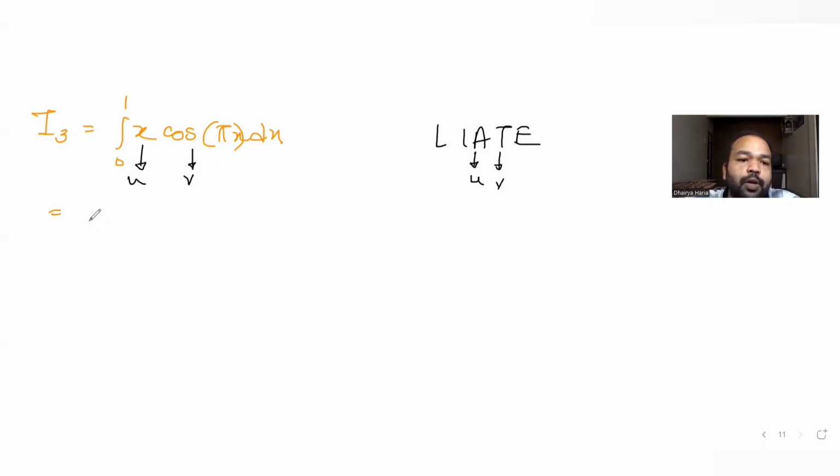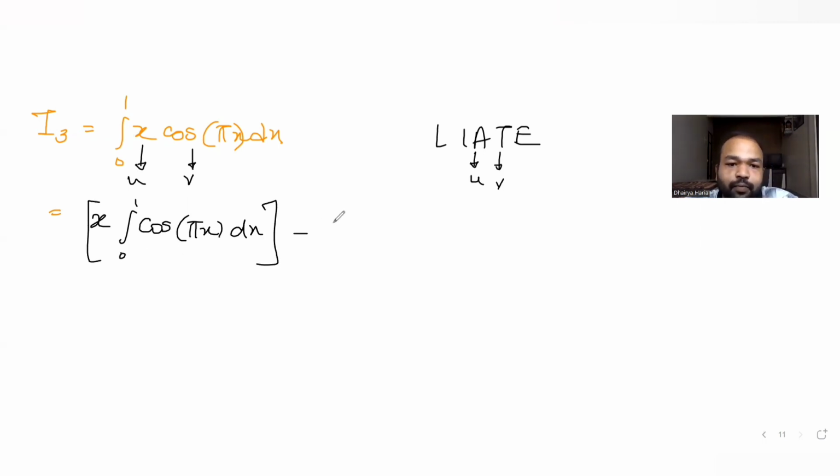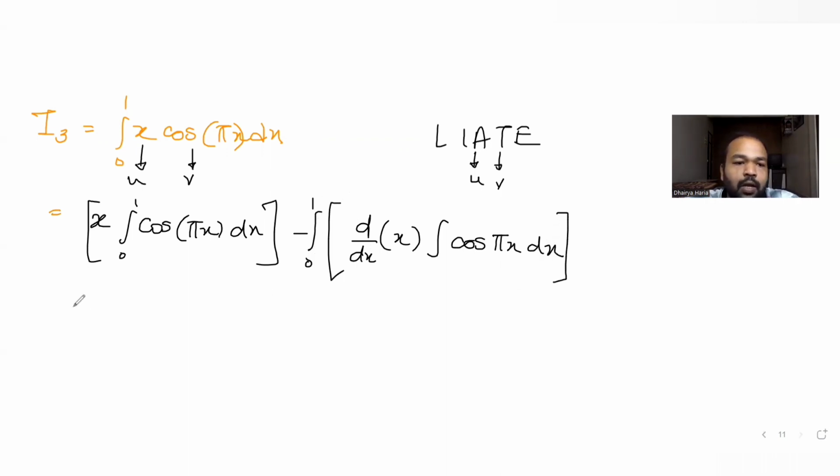What we do here is we take x times the integral from 0 to 1 of cos pi x dx, minus the integral of the derivative of x times the integral of cos pi x again. So the integral of cos pi x becomes sin pi x upon pi, with the limits.